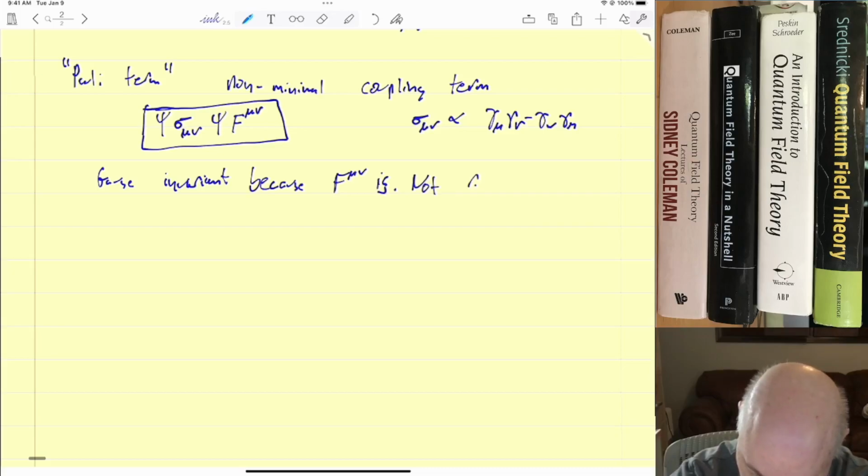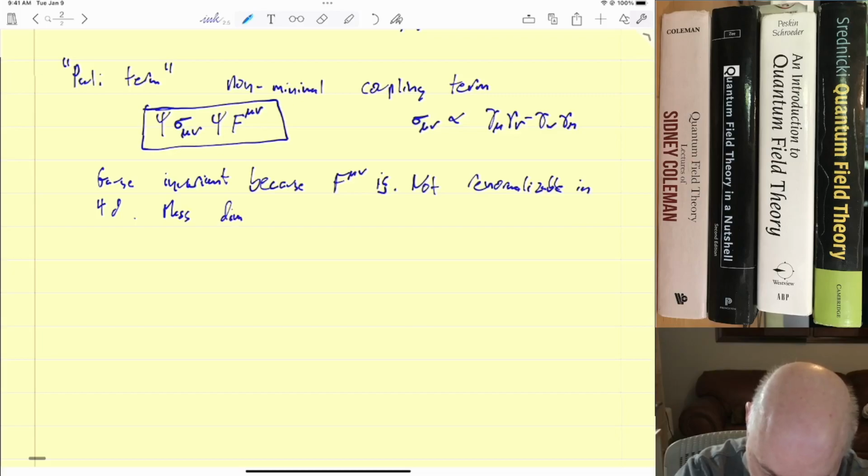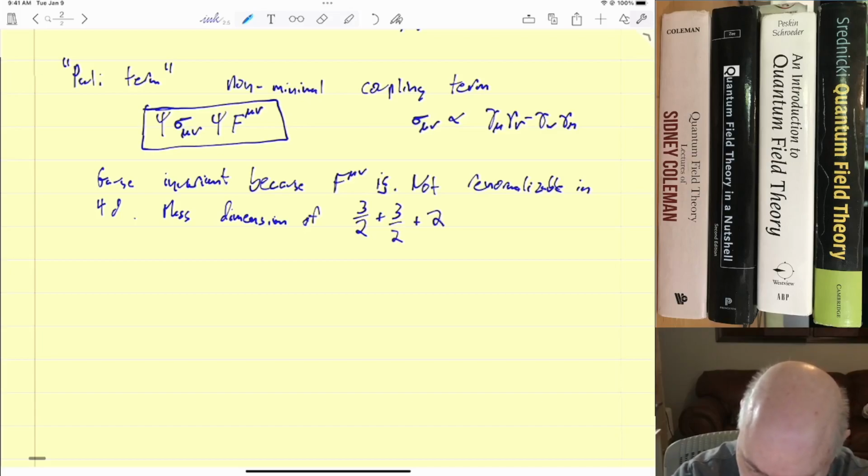Not in 4 dimensions. And you can see that because it has a mass dimension. Three halves for the first psi, 3 halves for the second psi, and 2 for the F mu nu.